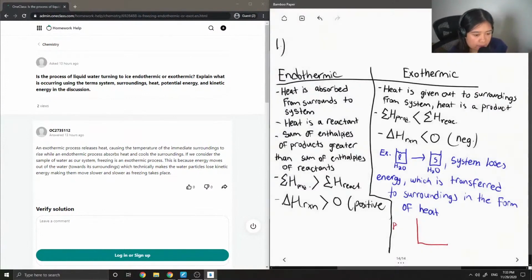This is a plot of potential energy, and this is the reaction progress or coordinate. Let's say the energy of liquid water starts here. The plot would look like this.